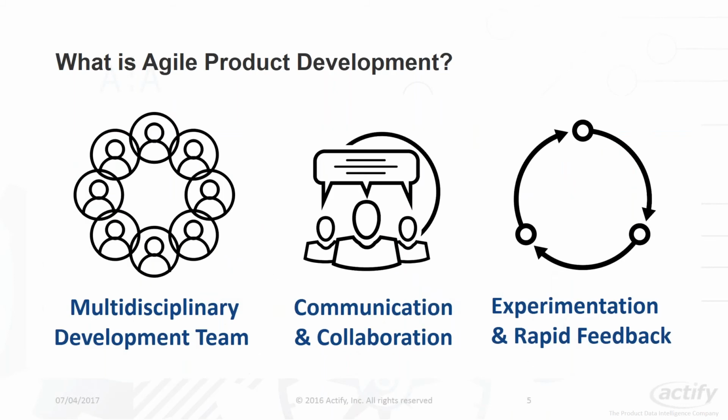In each case, within an agile product development team, the team consists of a multidisciplinary group of people that possess all the required skills to solve that problem. And they must be highly collaborative, which is where the collaboration and communication is key. They accelerate the development through experimentation and rapid feedback cycles, rather than endless debates.